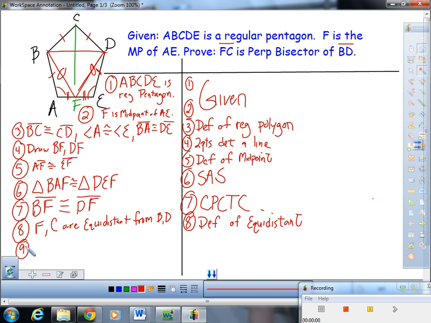Okay, so now I can say that FC is the perpendicular bisector of BD.